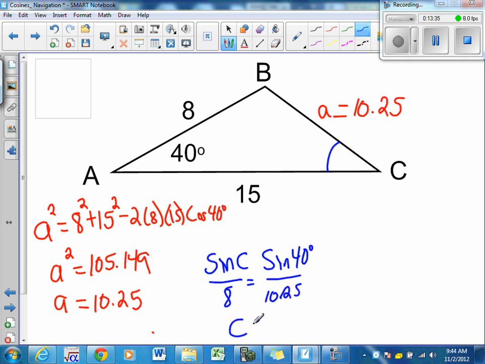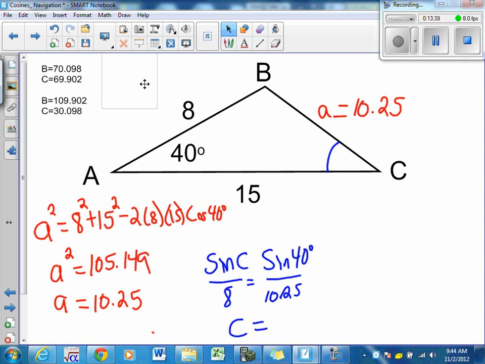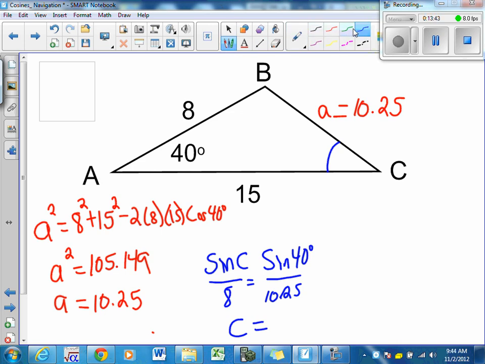And if I do that, I get my sine is 30.09, I have answers up here.